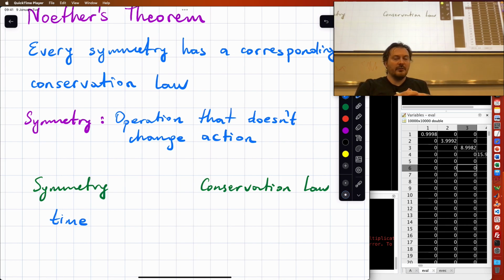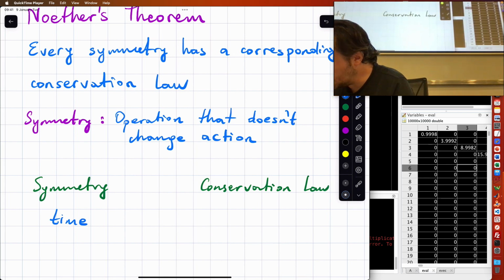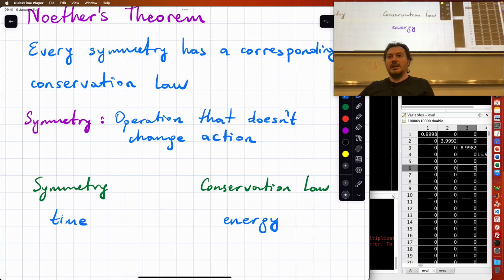Assuming that your system is not time dependent, if your system is time independent, then after doing proper calculations, it turns out energy is conserved. It's coming from this deep mathematical analysis of Noether.